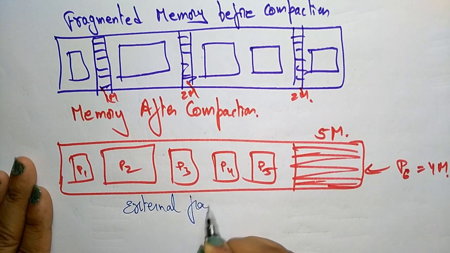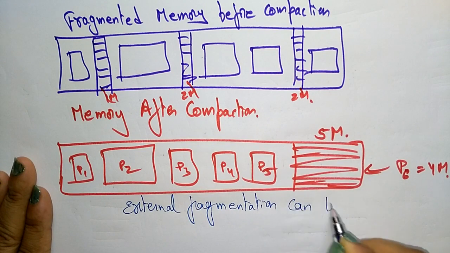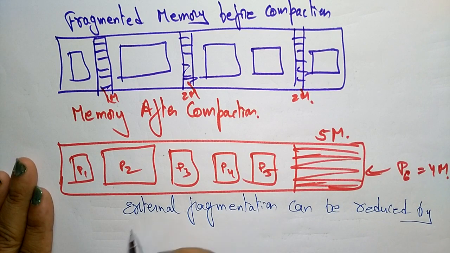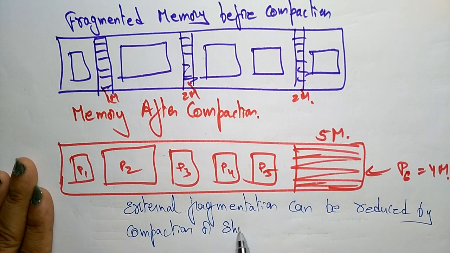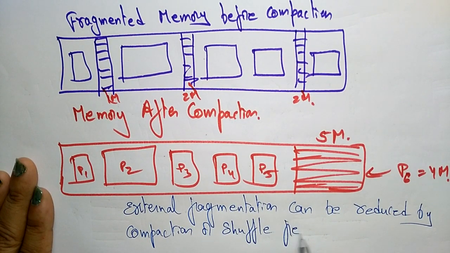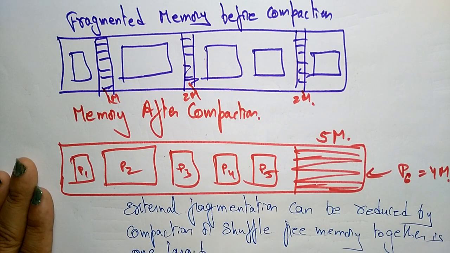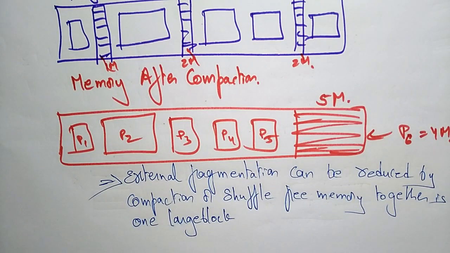External fragmentation can be reduced by compaction or shuffle free memory together in one large block. This is one of the techniques to reduce external fragmentation.